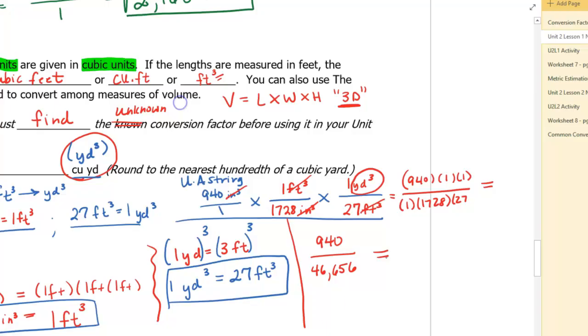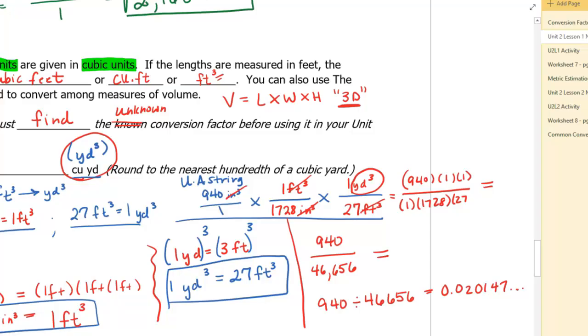Now in my calculator, I'm going to do 940 divided by 46,656, and that gives you 0.020147. So I need to look at my directions.